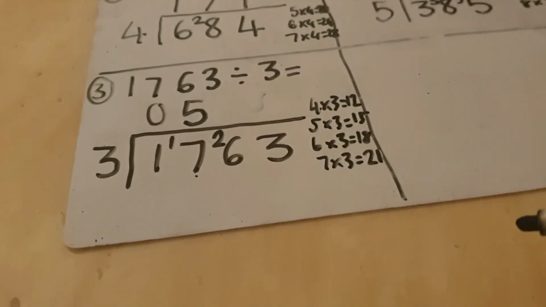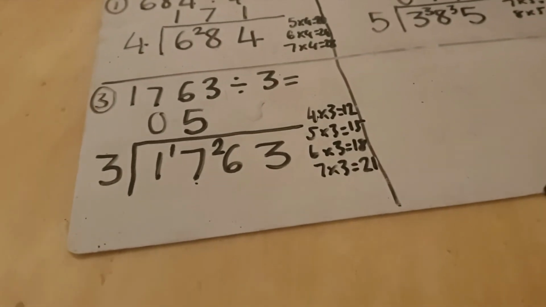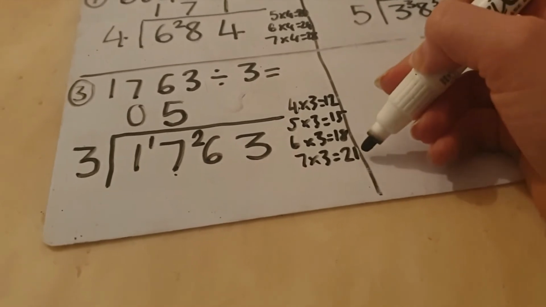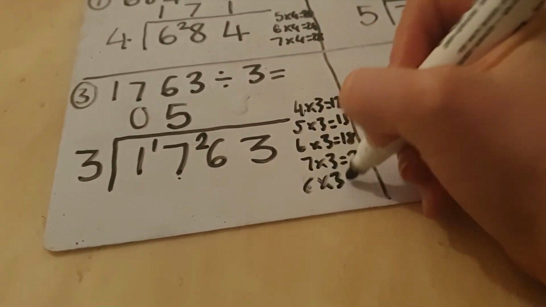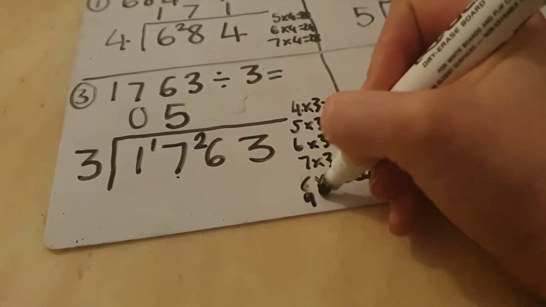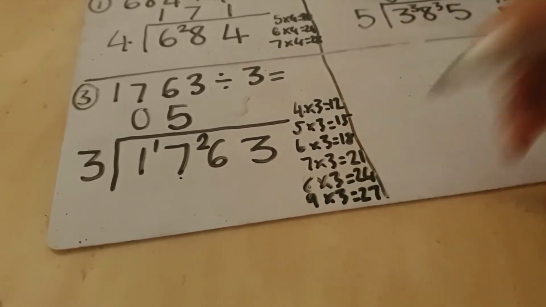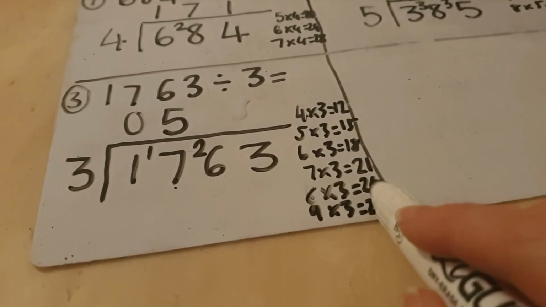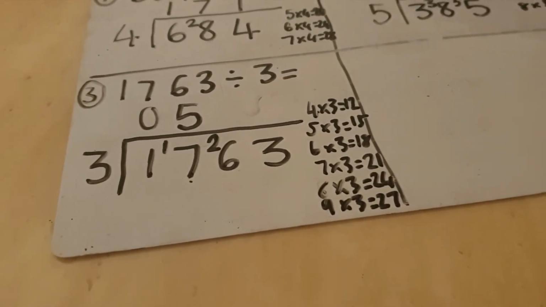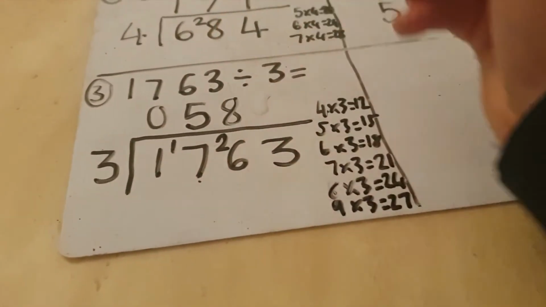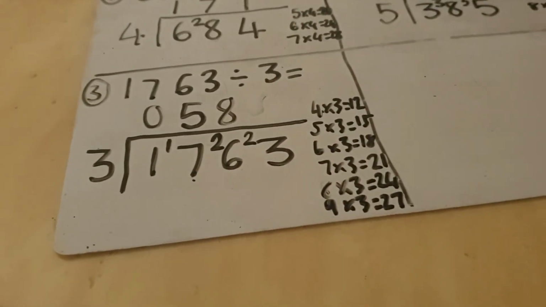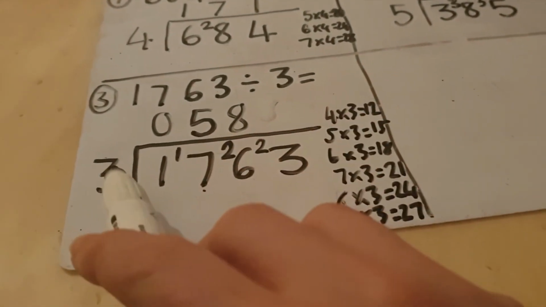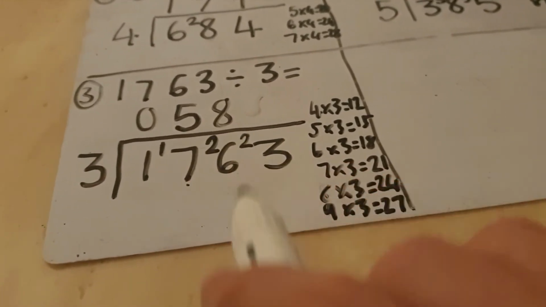Your next question is, how many groups of 3 go into 26? Now, obviously, 7 times 3 here is 21. 8 times 3 equals 24. 9 times 3 equals 27. So obviously here it's going to be the 8, okay? So you put the 8 down, and to get from 24 to 26, it's remainder 2, okay? Next one, how many groups of 3 go into 23?